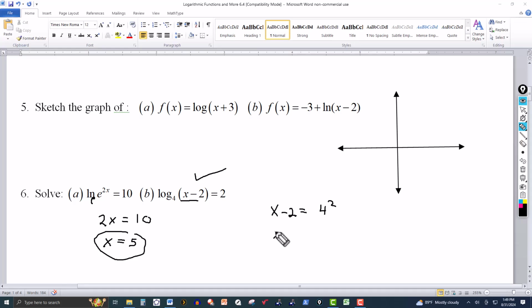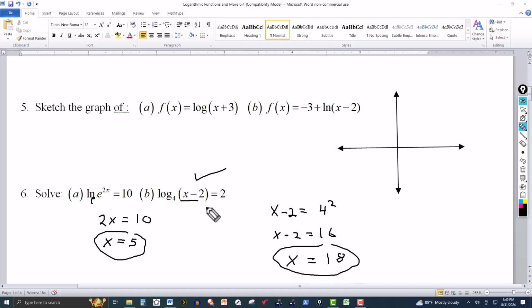So that's going to be x minus 2 equals 4 squared, which is 16. Add 2 to both sides. We got x over here. And then 16 and 2 is 18.